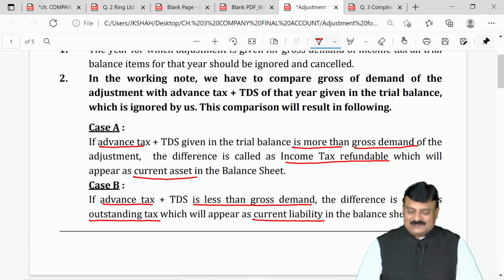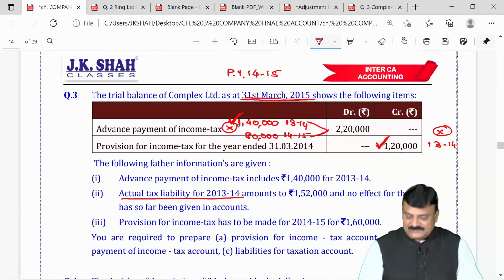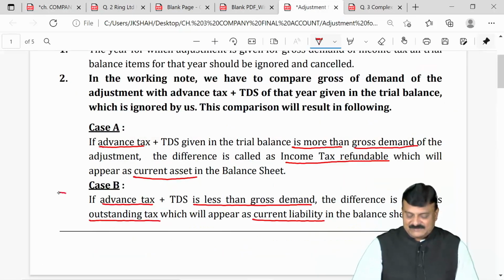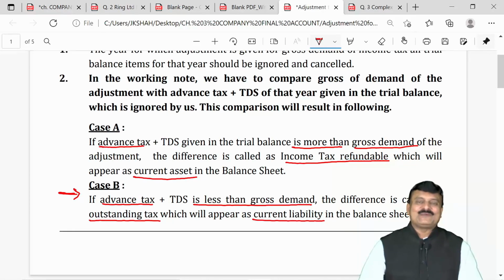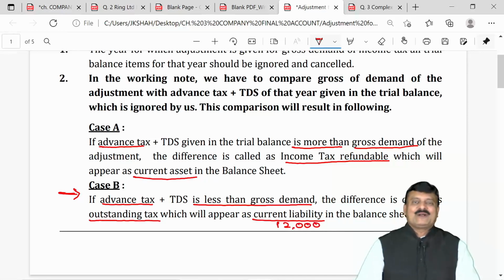Okay, look into our question. How much was advance tax? 1,40,000. How much is income tax liability? 1,52,000. So clearly our advance tax 1,40,000 is less than income tax liability 1,52,000. So 12,000 will appear as current liability, named as outstanding tax in our sum.